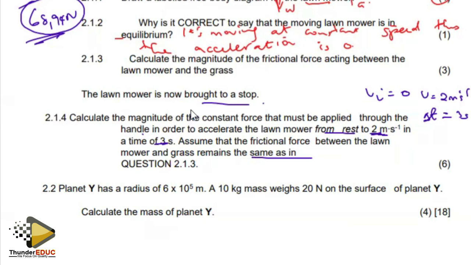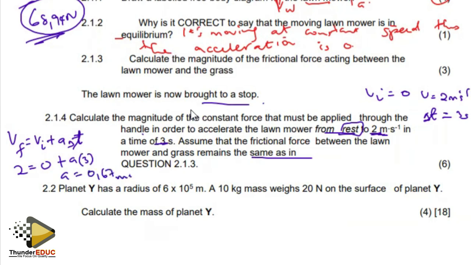We can say that V final should be equal to V initial plus A multiplied by delta T. Our final velocity is 2, the initial is 0 because it's moving from rest, plus the acceleration multiplied by the 3 seconds. When I divide both sides by 3, my acceleration becomes 2 over 3, which is 0.67 meters per second squared. That would be just the first step.